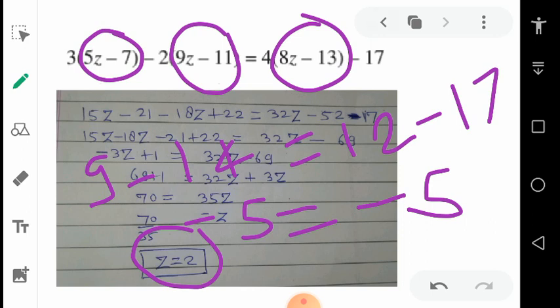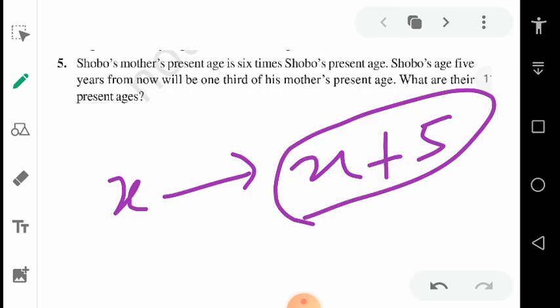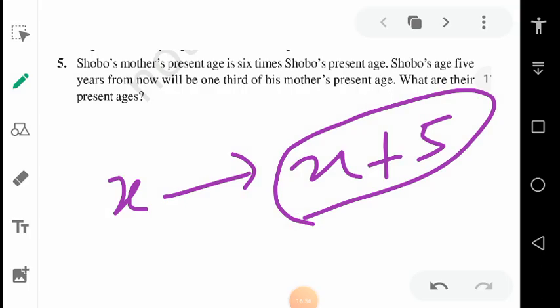Now a few more points we should revise. When you make the equations, consider a few words which come in the question. For example, it is not given that you have to add or subtract.